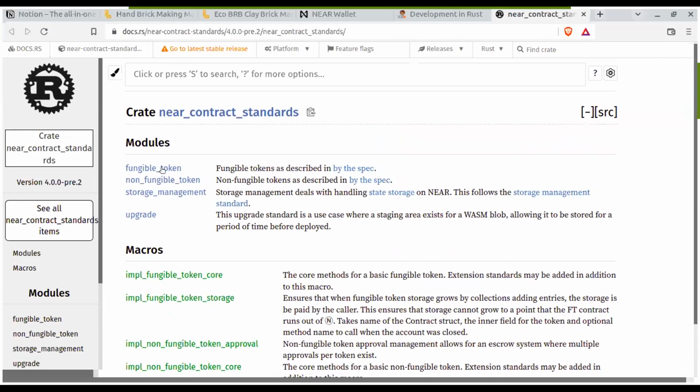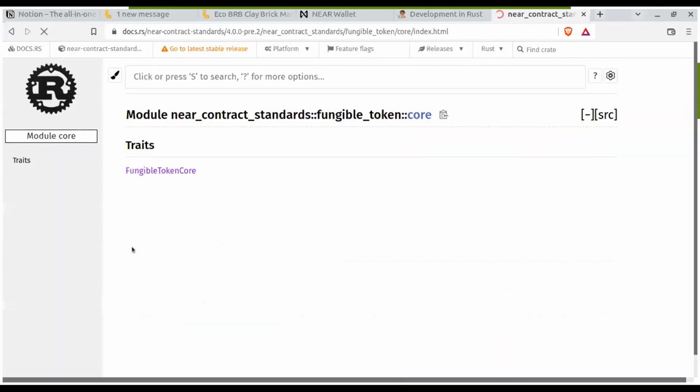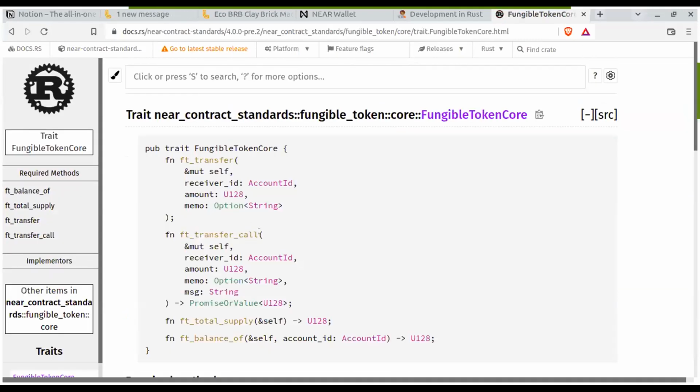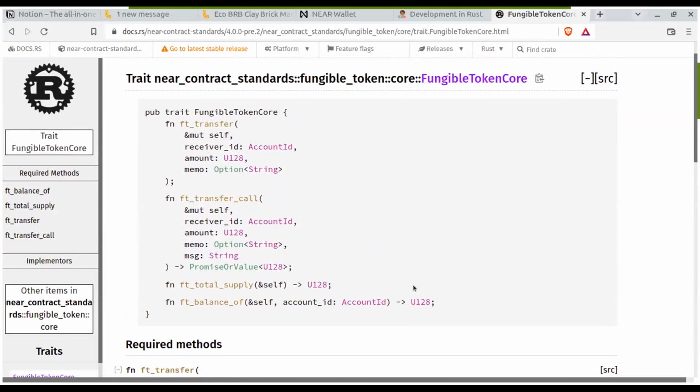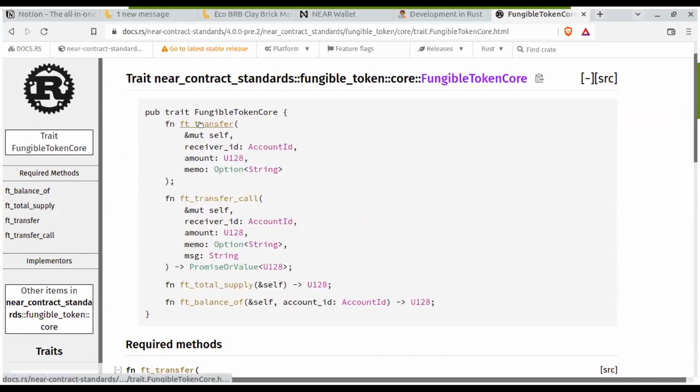So we have the fungible token module, and it is going to give us an interface of a fungible token, and also the functions we've just talked about. You see, we have the FT transfer, the fungible token transfer function right there.